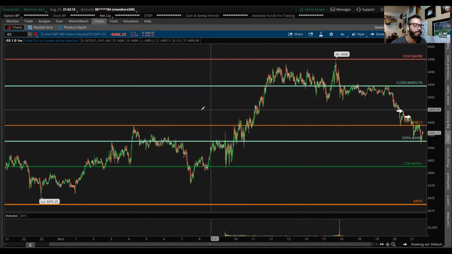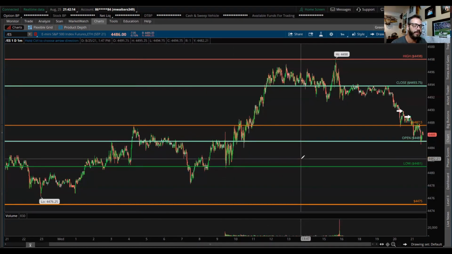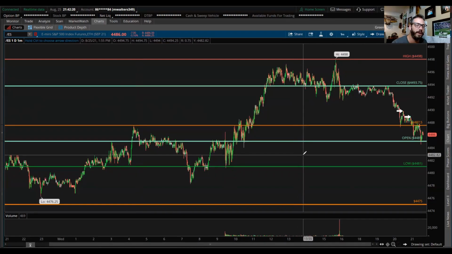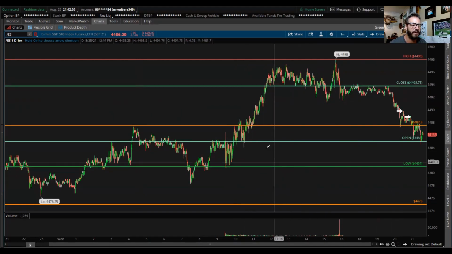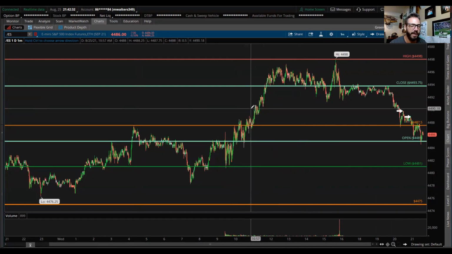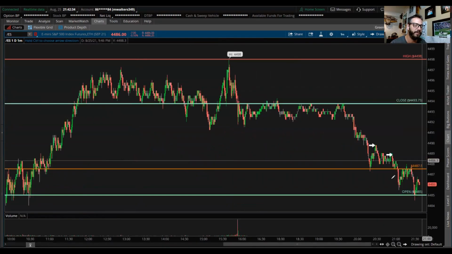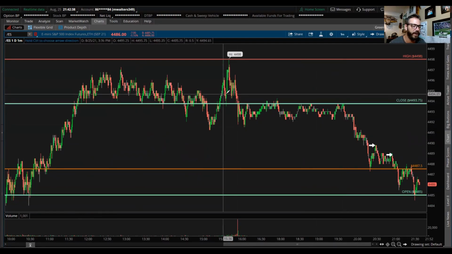So anyway, that's how I find these key levels, what was an important price hit multiple times. I also do the open, where we opened and where we closed. A lot of times price on the futures likes to come back down to these levels. And you can see here, it actually came back after I took my trade to where we opened up the day.